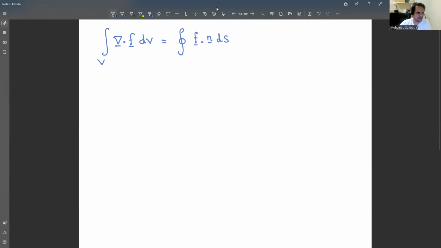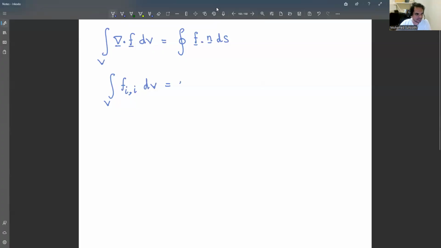Now if I want to write this in index notation, this is the vector field. I can write the divergence like this: Fi comma i, dv. Now this is the scalar, with a repeated index.